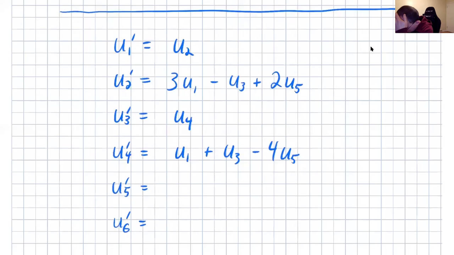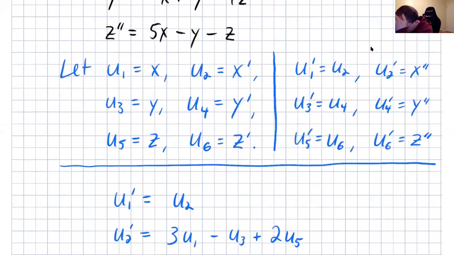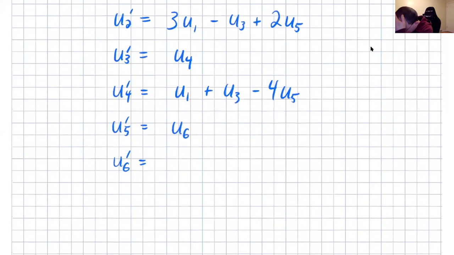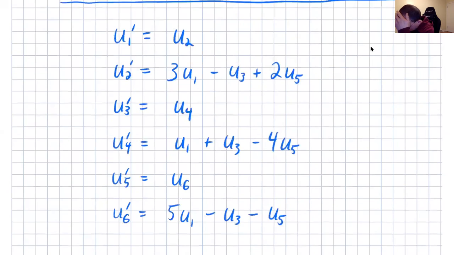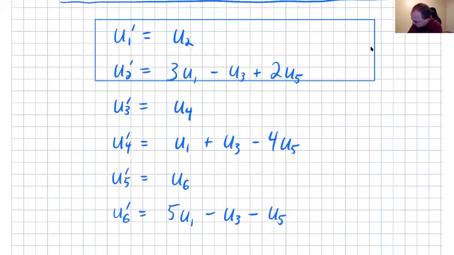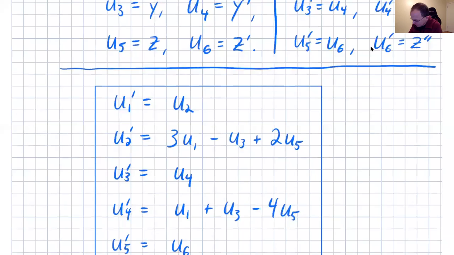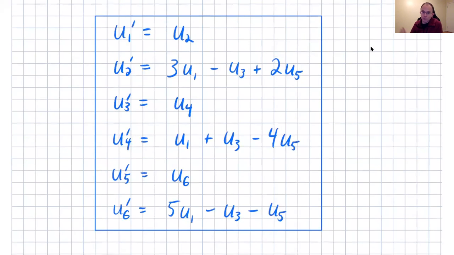Okay, u5 prime is equal to u6, and then u6 prime, that's z double prime, that's 5x minus y minus z. And there we have it. 6 equations in 6 unknowns. Okay, and it's first order, only first derivatives, no higher derivatives than that.